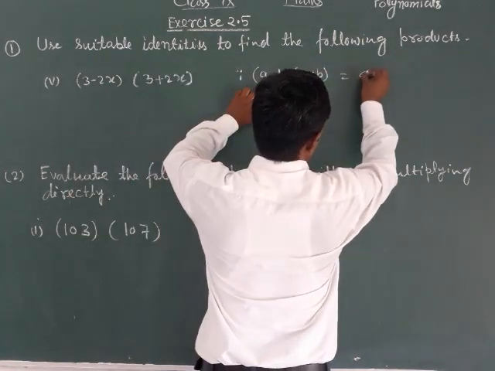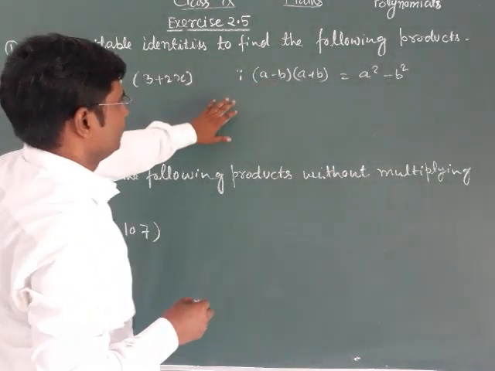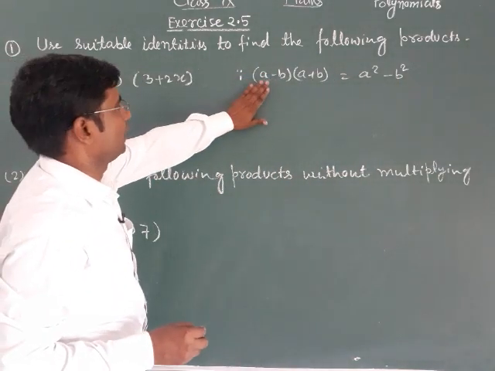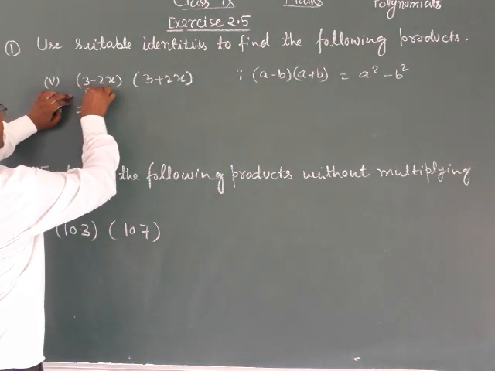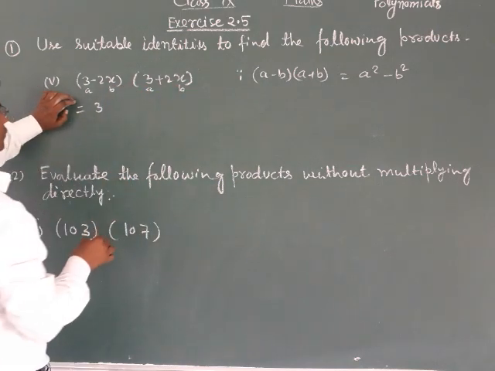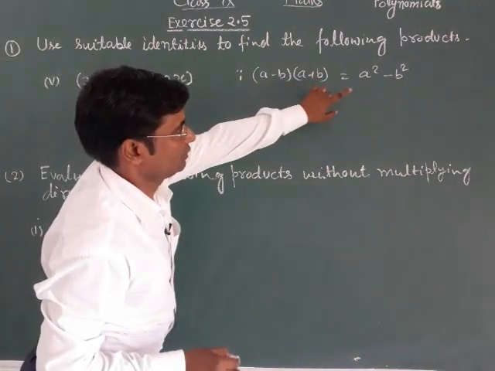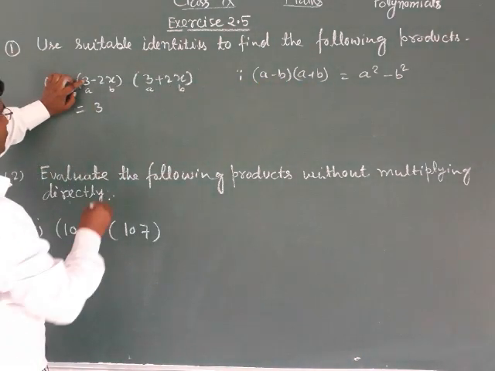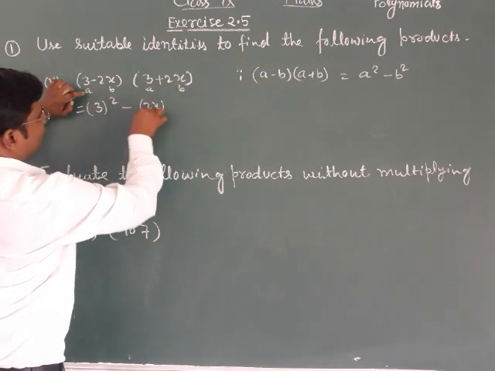So a square minus b square: 3 whole square minus (2x) square.